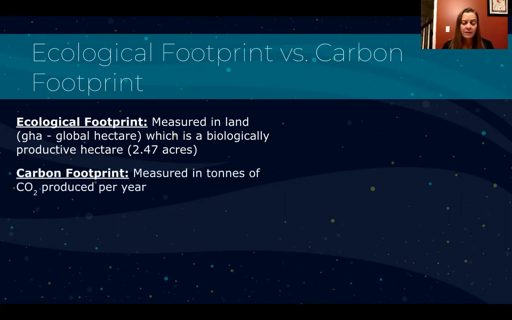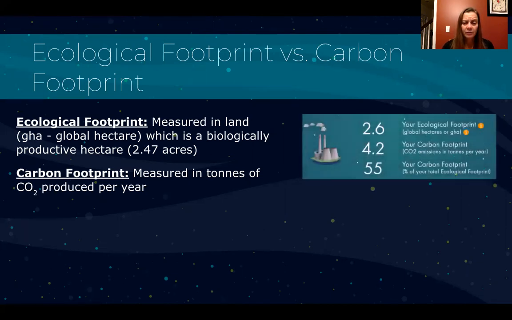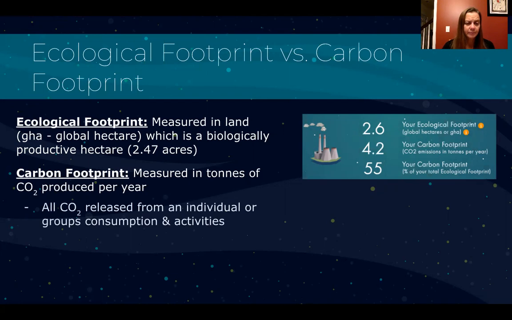It's important to make a distinction between an ecological footprint and our carbon footprint. So our carbon footprint is measured in tons or metric tons of carbon dioxide produced per year. And our carbon footprint contributes to our ecological footprint, but our ecological footprint covers more than just a carbon footprint, because the carbon footprint is just taking into consideration how much carbon dioxide you emit.